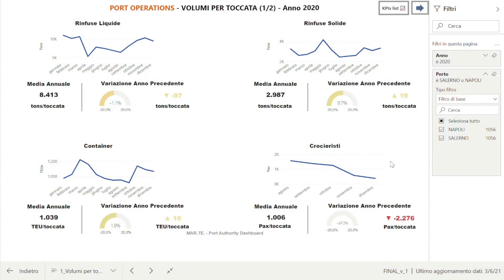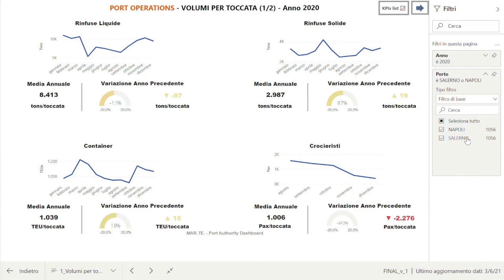More in depth, if we observe containers again, the average of the Port Authority in terms of TEU per call is 1039 in 2020, considering both ports, Naples and Salerno.